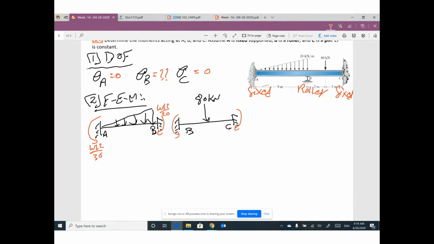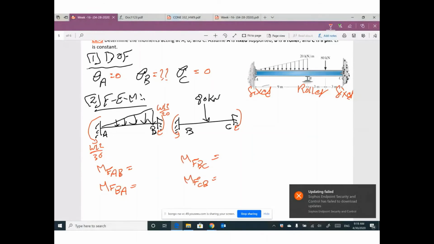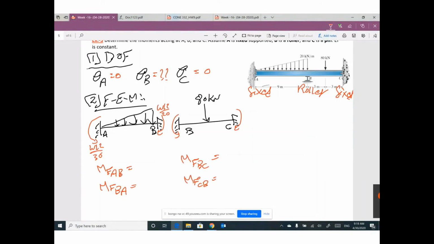So finally, you can find M fixed AB, M fixed BA, M fixed BC, M fixed CB. I will give you these values. 20 time divide 30.